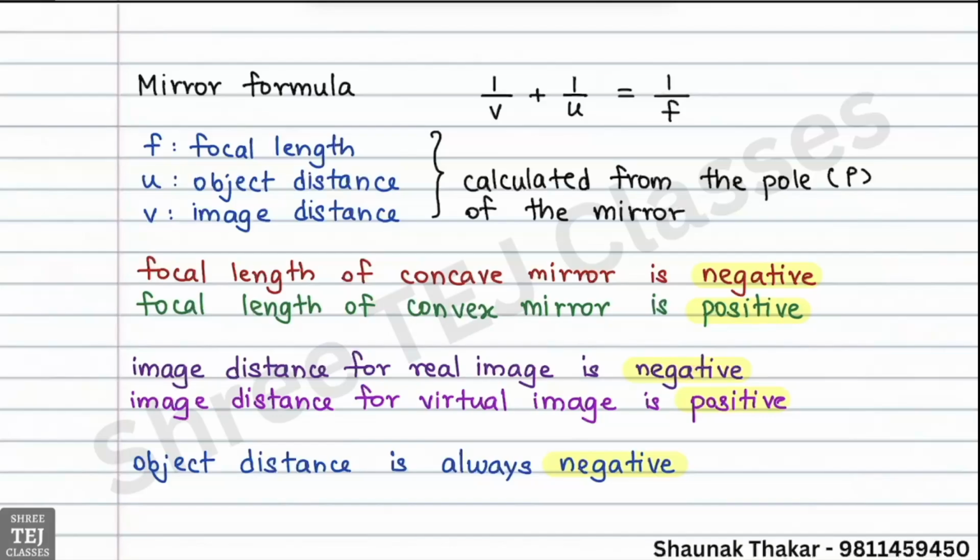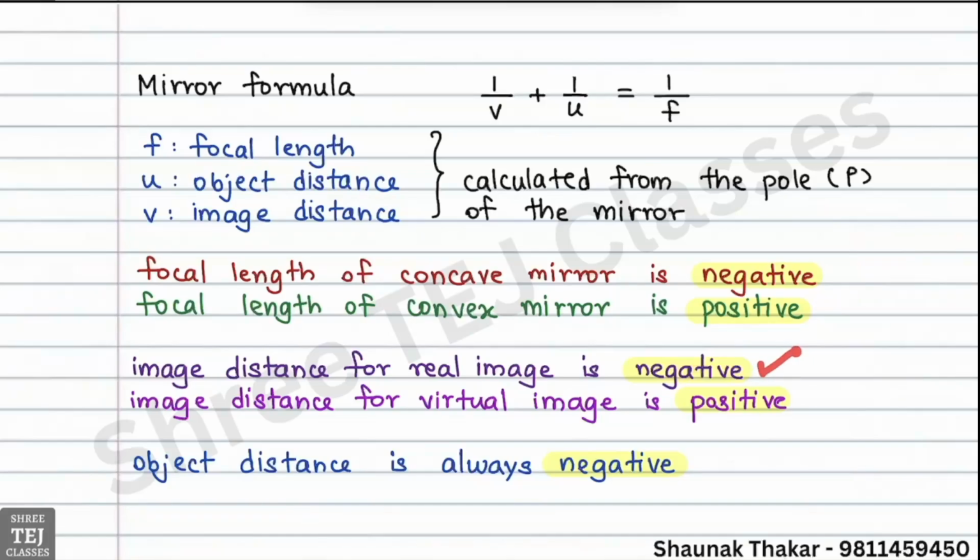Now for a concave mirror, focus is in front of the mirror, that is to the left of the mirror, hence focal length is negative. For a convex mirror, focus is to the right of the mirror, so focal length is positive. For a real image, which is formed in front of the mirror, that is to the left of the mirror, hence image distance is negative.